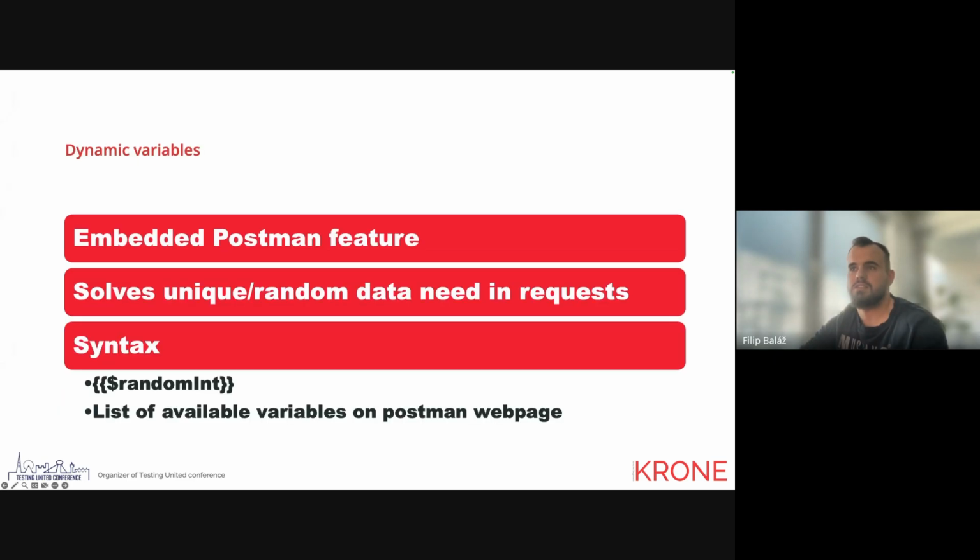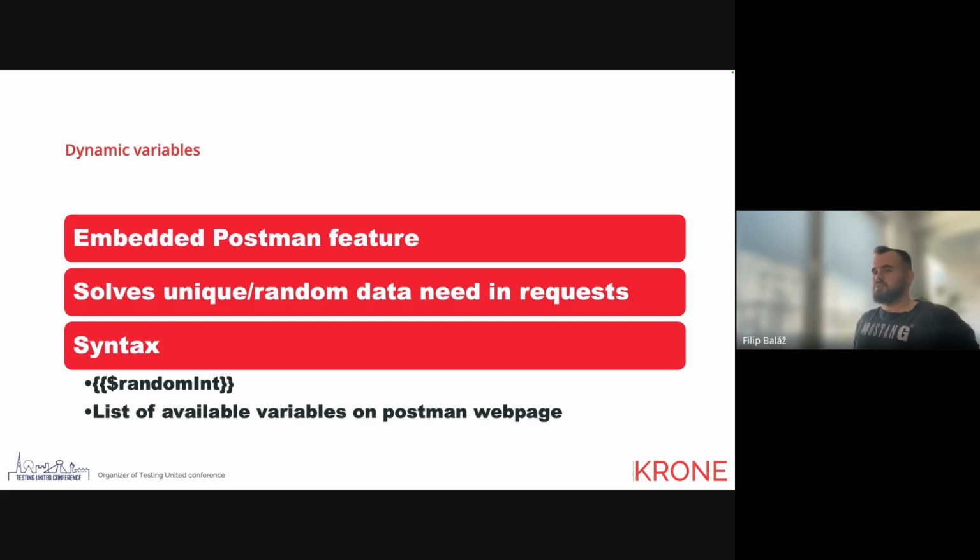Okay, next topic is dynamic variables, and this is a really useful embedded Postman feature. What it does for us is solve the need for unique or random data in requests. I think all of you have encountered a situation where you needed some random number, random ID, random string, or random name generated.